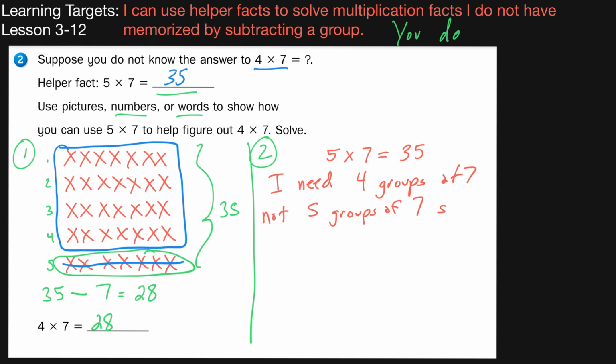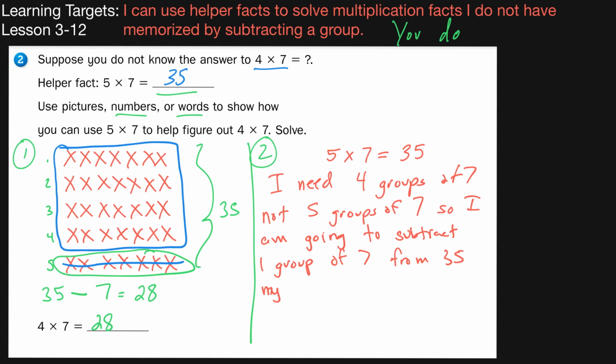So I am going to subtract 1 group of 7 from 35.